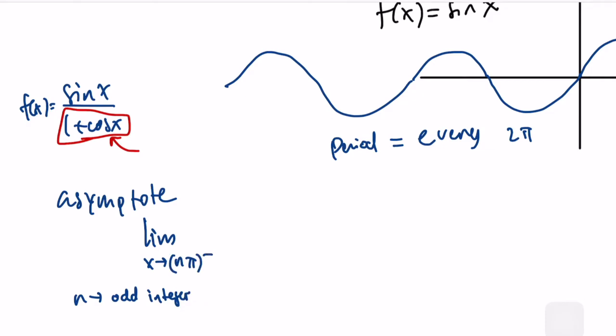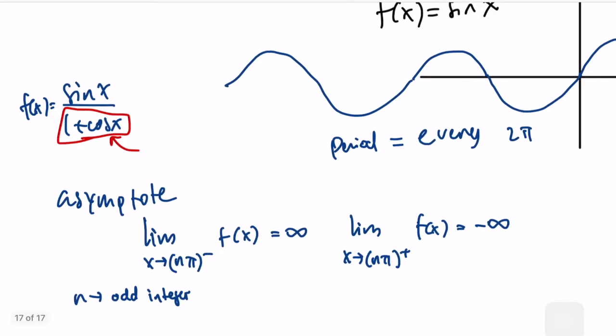let's say from the left of our function, it will result in infinity. And if we see from the other side, from the right, if we check n with some odd integer like 3, 5, 7, you will see that it is going to approach negative infinity.